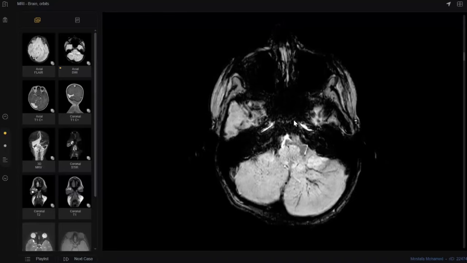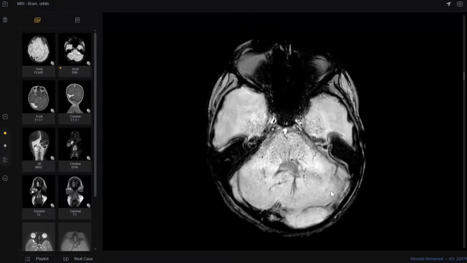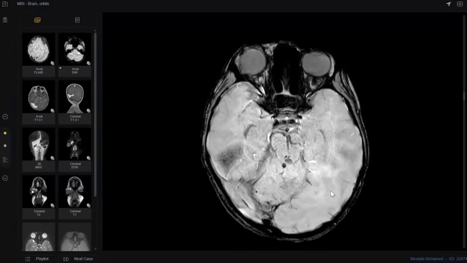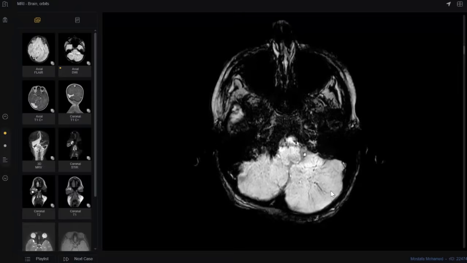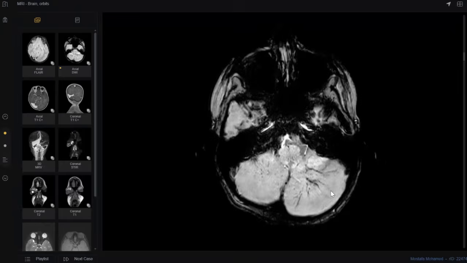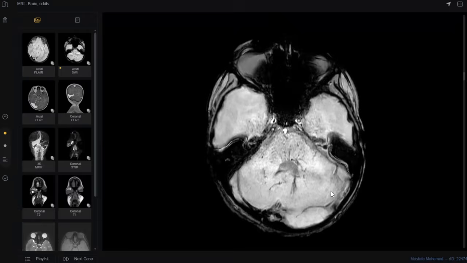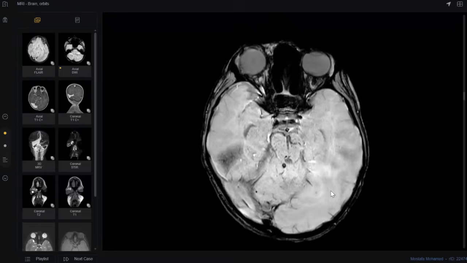Look here, please. I can see multiple linear flow voids in the bilateral cerebellar hemispheres. What does it mean for you? That can be some AV malformation.